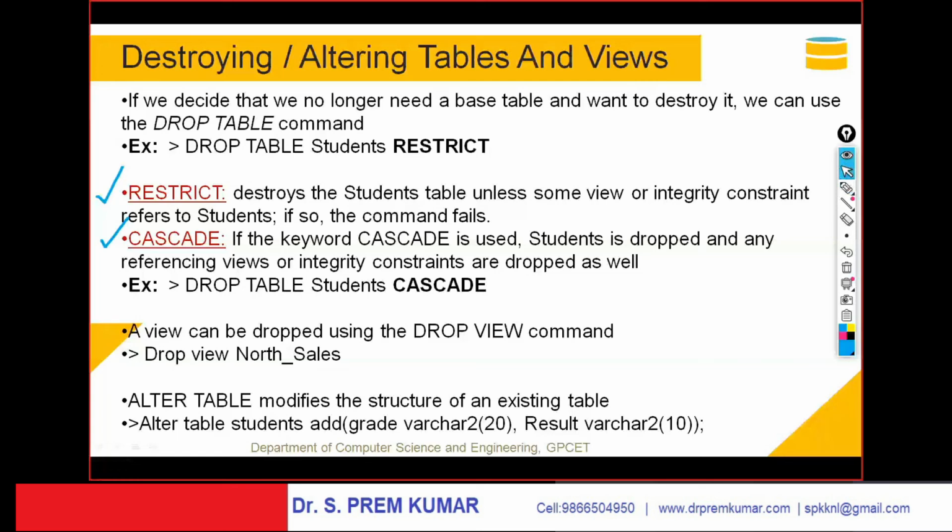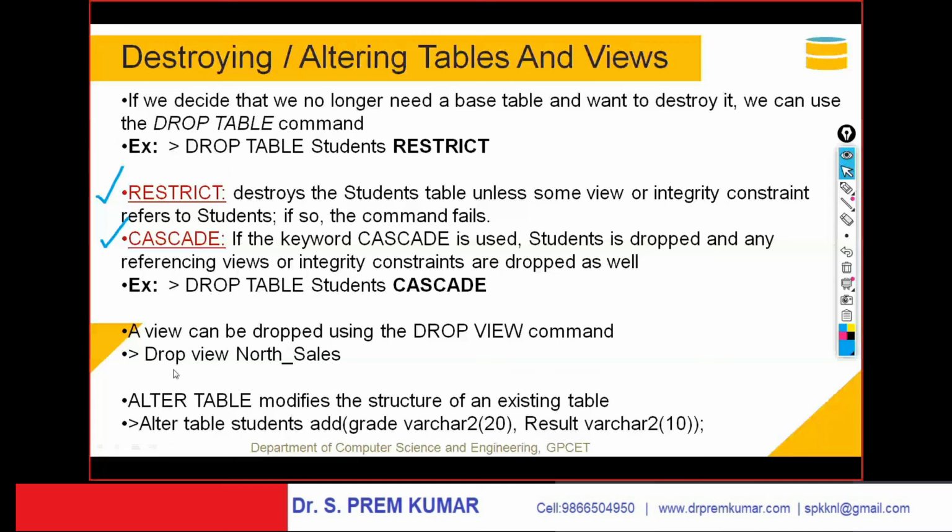You observe here. When there is no base table, how can views work? A view is a logical window which is created on a base table. If the base table is dropped, if the base table is removed, views will be deactivated. Views will not work. The view will be there but with no data.